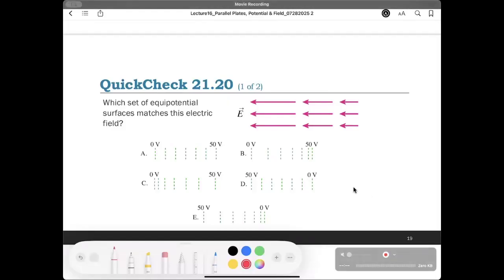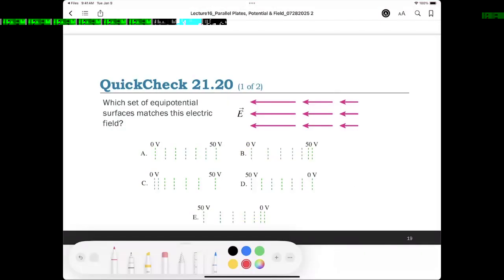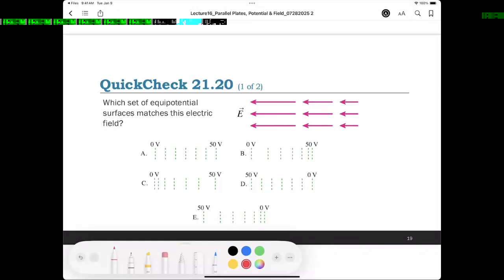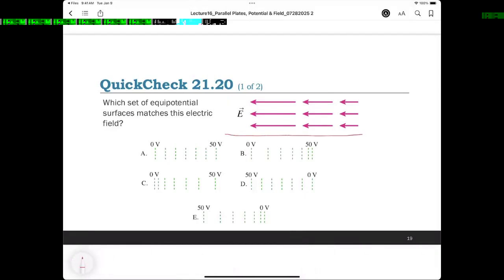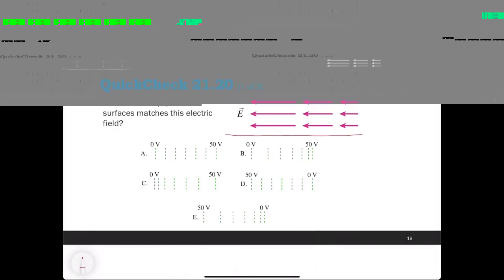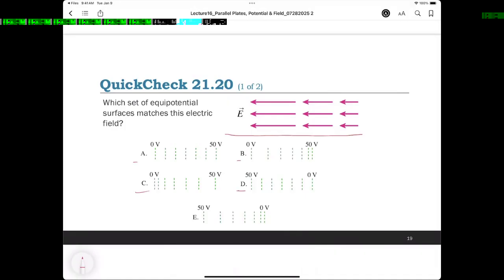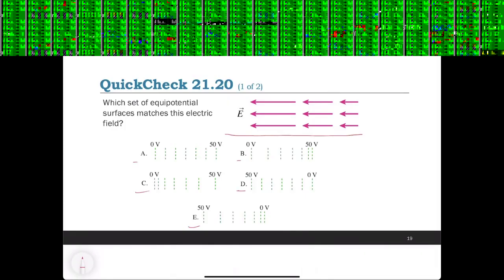Okay, let's talk about this question. Which set of equipotential surfaces matches this electric field? Here this is the electric field, and we know the equipotential surfaces should be perpendicular to the electric field. So those five seem right.